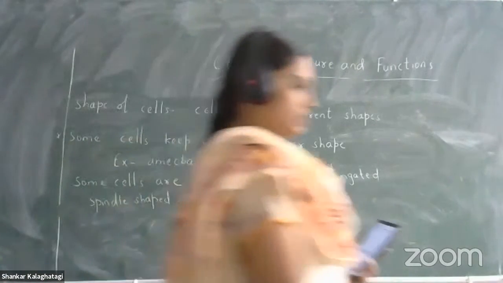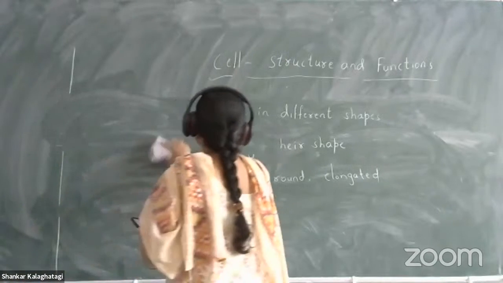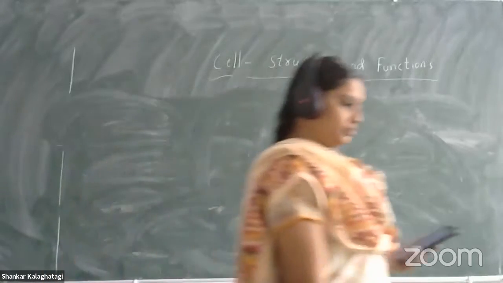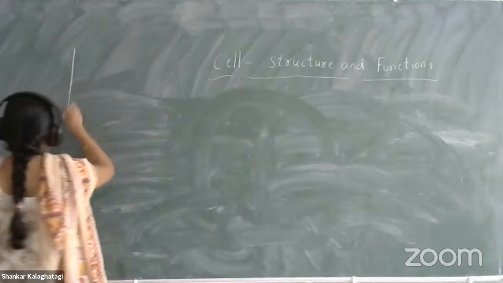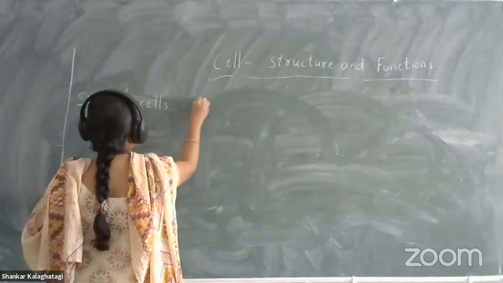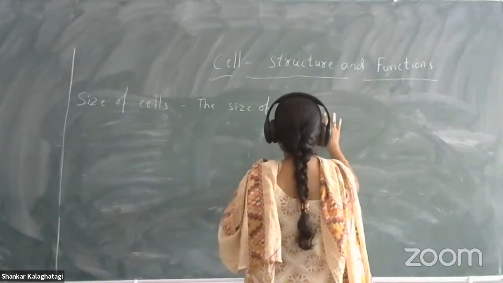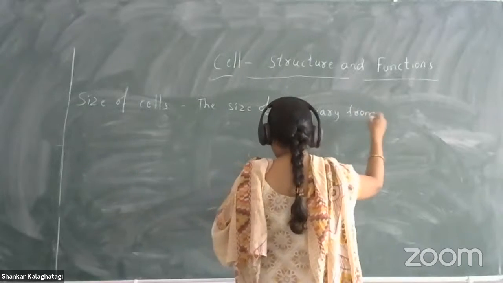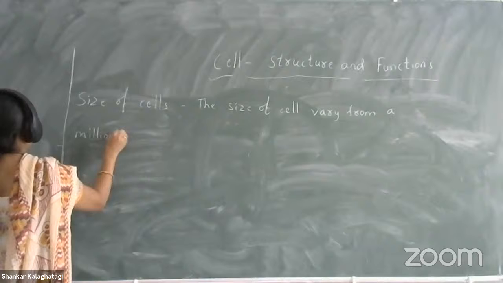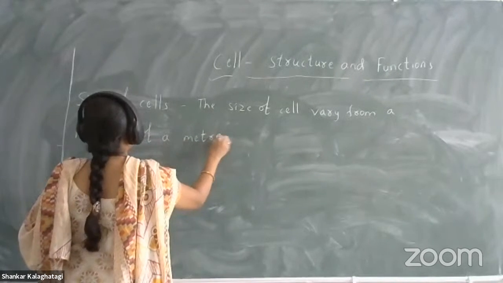Next is size of cells. The size of cell varies from a millionth of a meter.